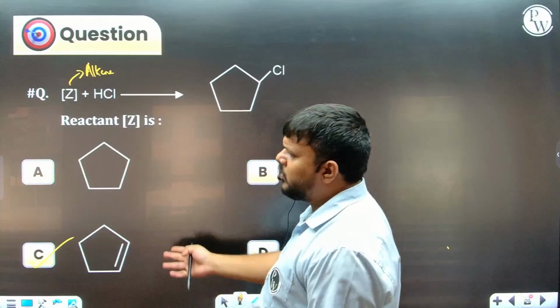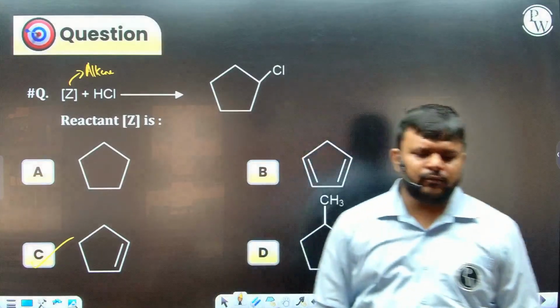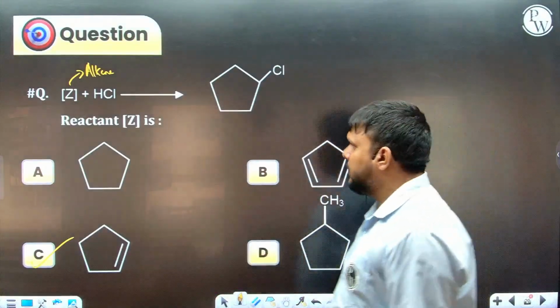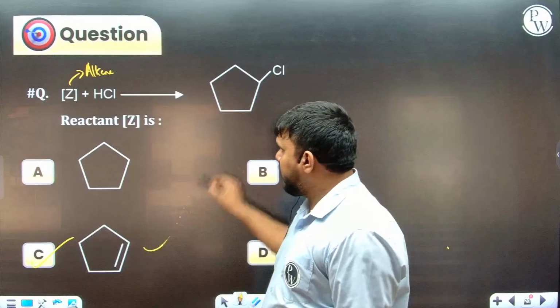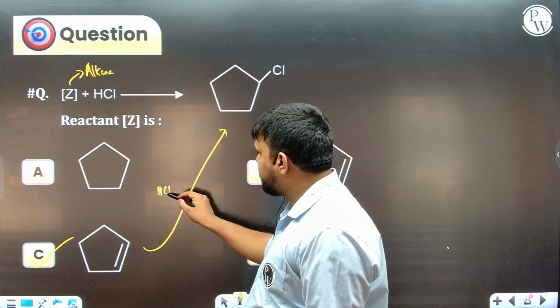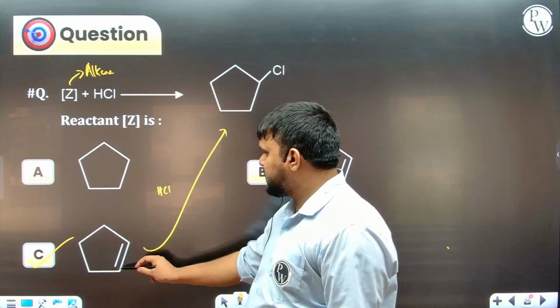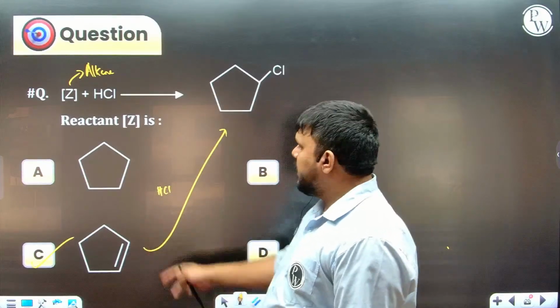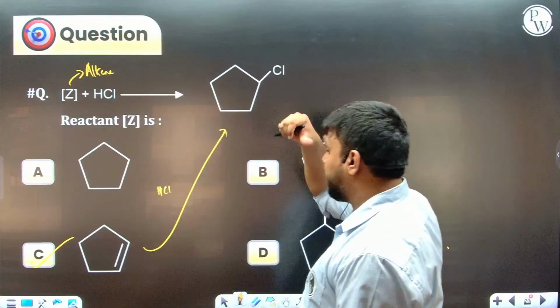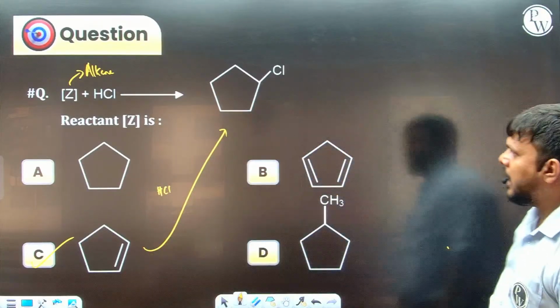Here actually Markovnikov, anti-Markovnikov, none of them will be followed because both the position are similar over here. So definitely if you add HCl to this, one of the hydrogen will get attached to this, pi bond will be broken, and one chlorine will attach over here, and you will get this C option as the answer.